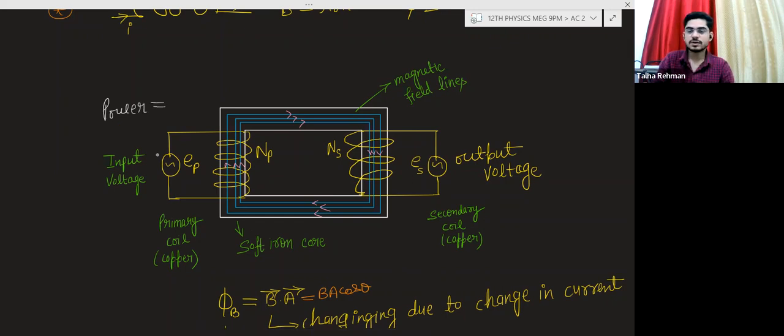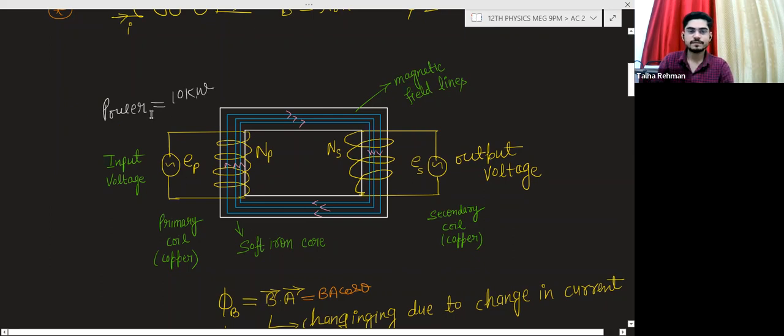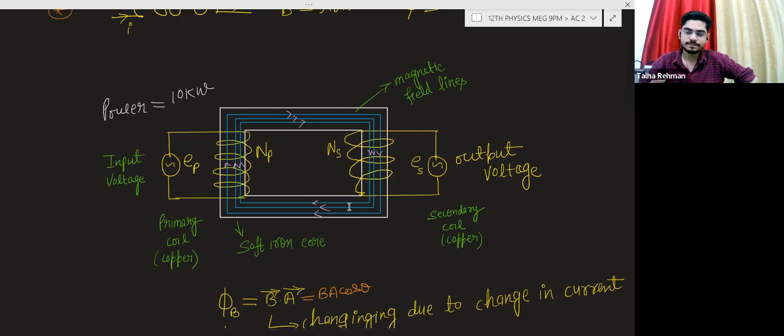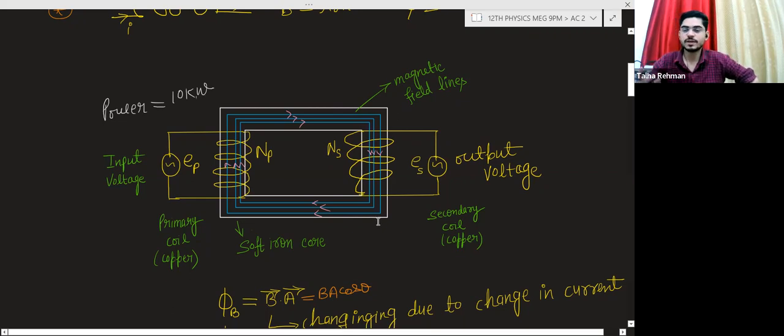Suppose 10 kilowatt power you have supplied. So what will happen now? Here there are some losses due to different causes. One of the losses I am telling: here are the wires, windings. These windings have some resistance. So due to that, there will be some loss of the power in the form of heat.